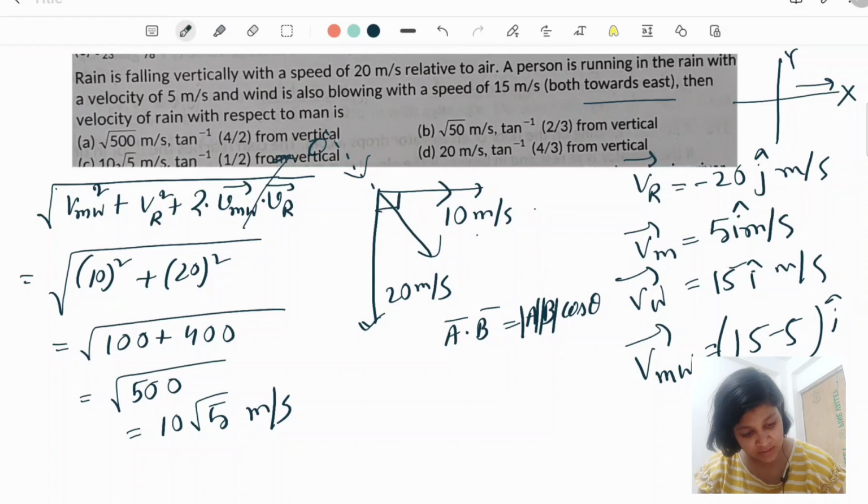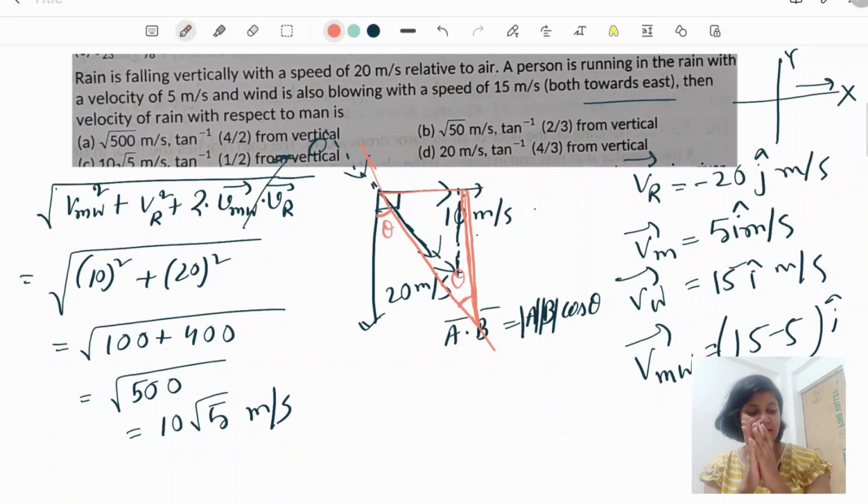So if we draw this triangle over here, let us take this angle as theta, which is the same as this angle, the angle with the y direction.